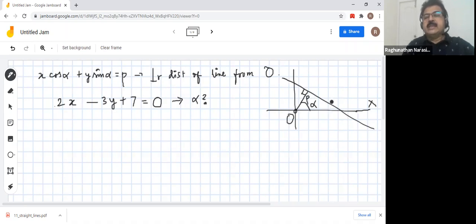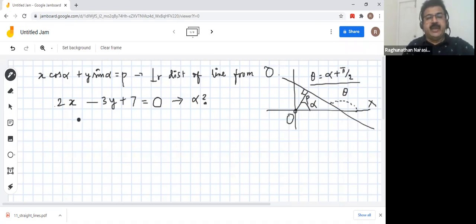In one way, we can say that the angle of the line with the x-axis, after subtracting 90 degrees, pi by 2, gives alpha. That is one connection we can make, because this exterior angle theta is the sum of the opposite interior angles of a triangle. Going by that rule, theta is alpha plus pi by 2.